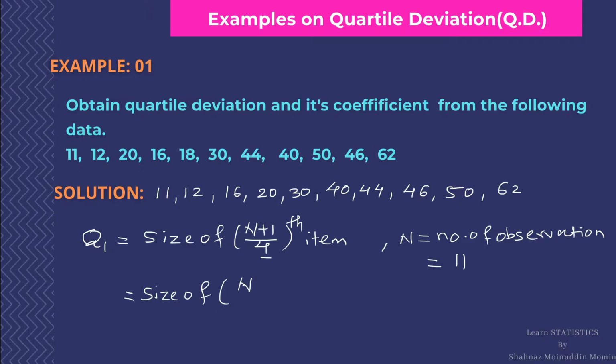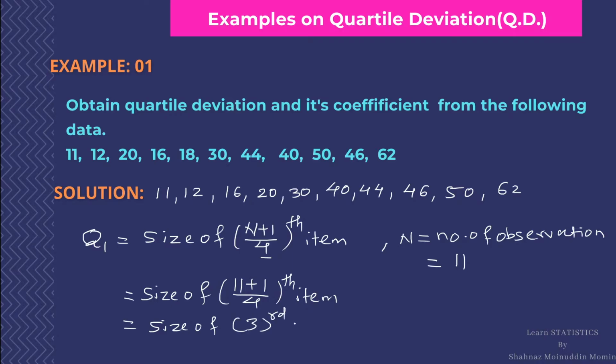(11 plus 1) divided by 4th item. Now it is 12 by 4. So size of 12 by 4 is 3.